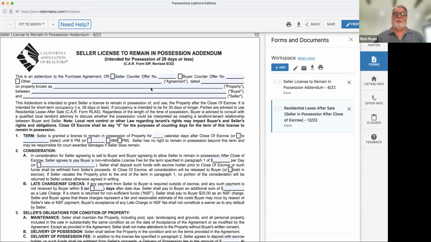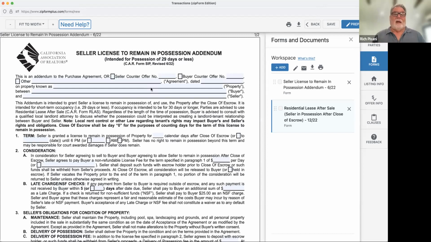Once again, that needs to be 29 days or less after close of escrow, or to a date, once again 29 days or less, until it defaults to 6 p.m., but you can change that to whatever time anybody wants. Seller has no right to remain in possession beyond this term and may be responsible for court-awarded damages if seller does remain.